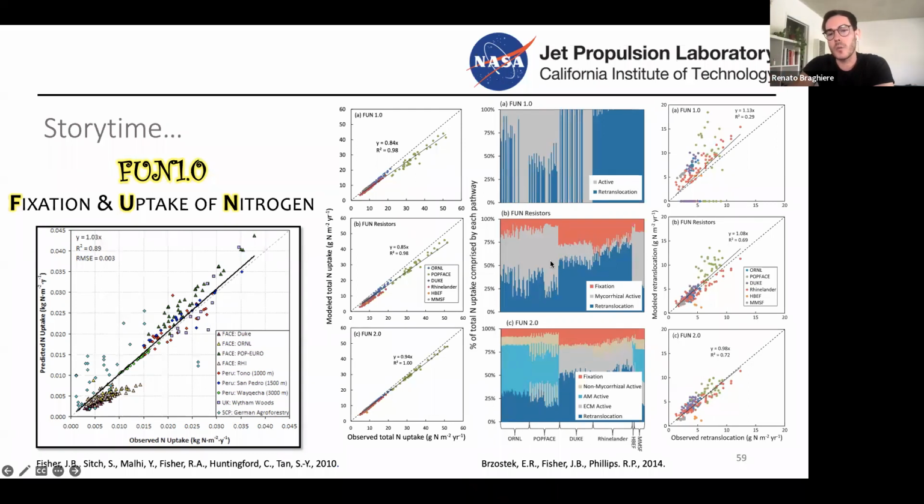And what they found out was when they started adding new uptake pathways with new cost functions, the agreement between observation and model started to increase. And so yeah, there is a biological need, or for process understanding, an increment of process understanding with uptake pathways.